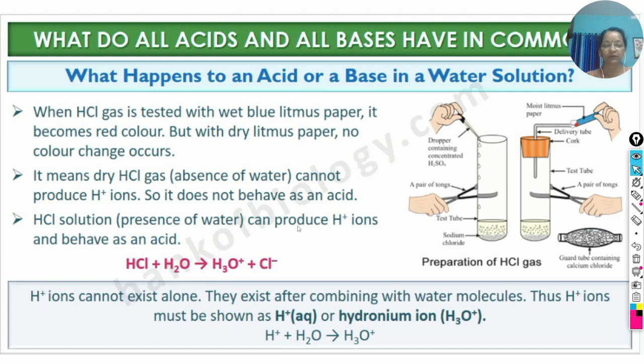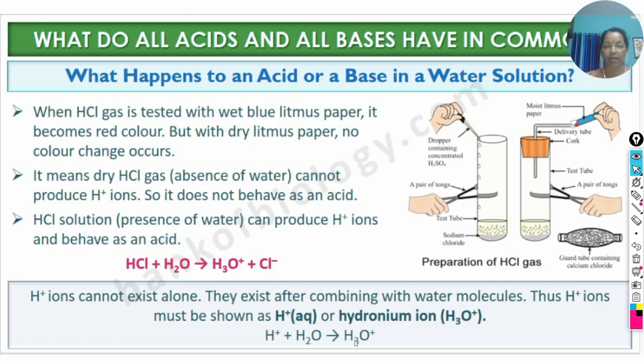So what happens with water to acid? Acid combines with water, producing a special type of ion called the H3O plus ion, which is called the hydronium ion, and a Cl minus. H3O plus is nothing but the joining of a hydrogen ion plus one molecule of water.